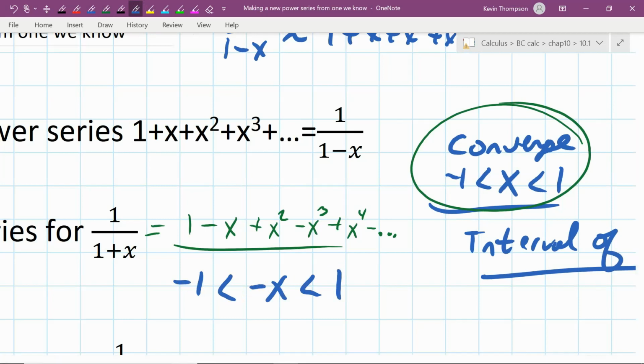Well, if you rearrange that a little bit, what's the interval of convergence? It's the same values. So divide by -1, flip the inequalities. The interval of convergence here is going to be on the interval from -1 to 1.